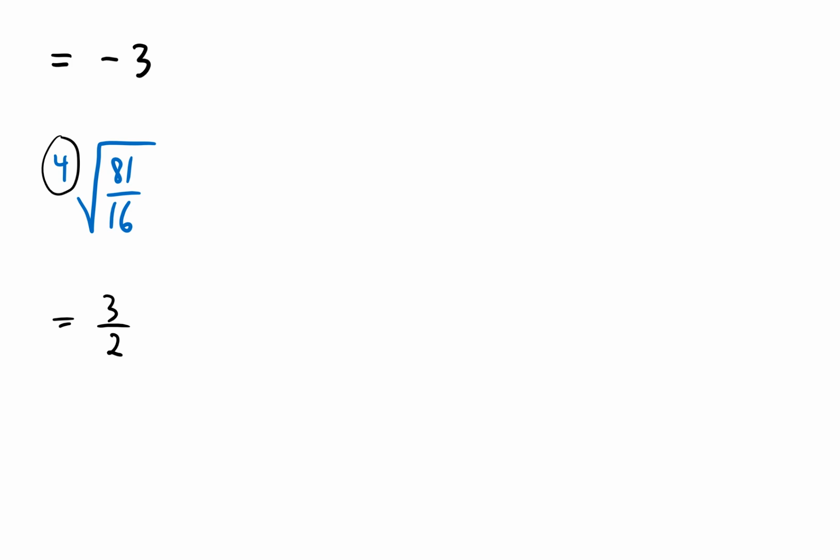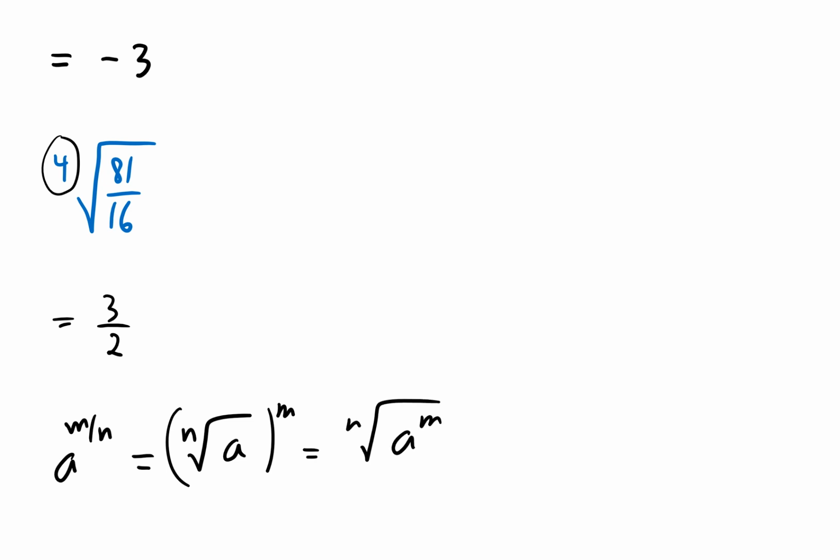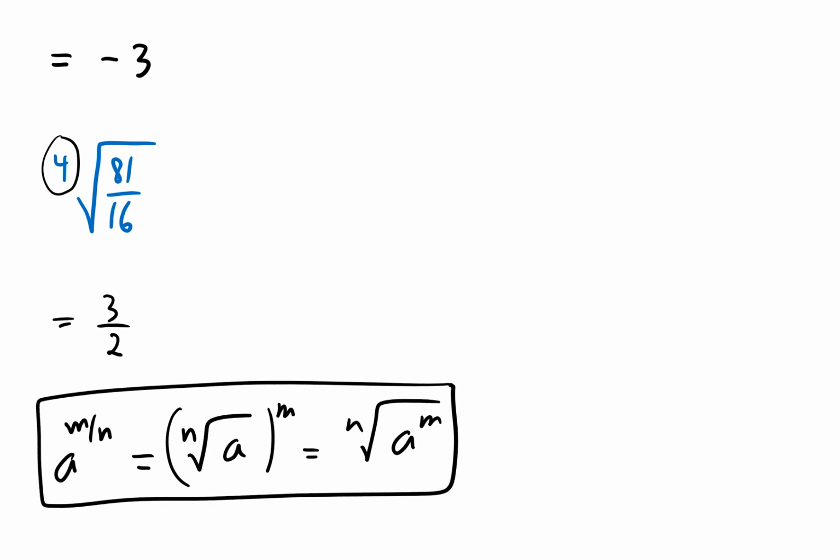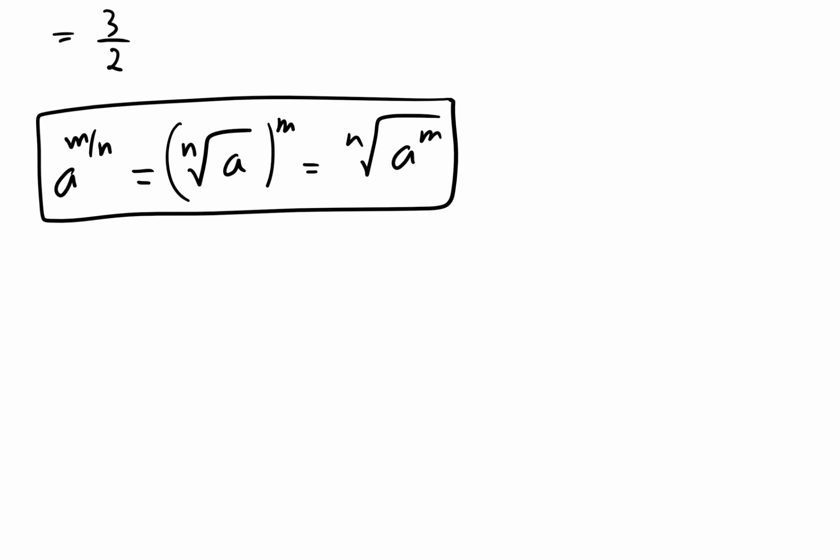Another thing to recall is if we have a to the m over n, in general, it doesn't have to be 1, we can write this as the nth root of a to the m, or m can go inside like that. So we can ask students to write each in radical notation.